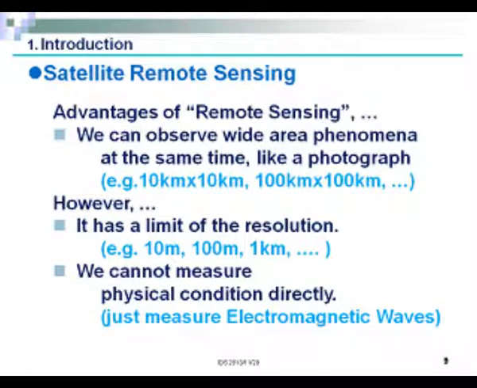But a disadvantage is that it has a limit of resolution, because it is very far from the target, like a satellite at 700 kilometers. It is very far from the target, so it has a limit of resolution.